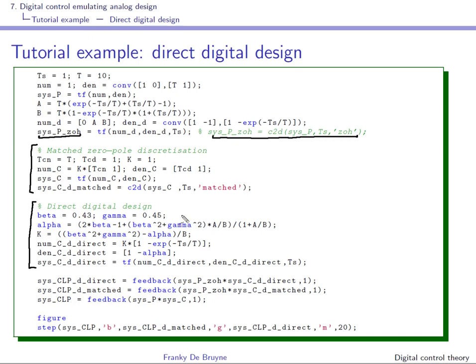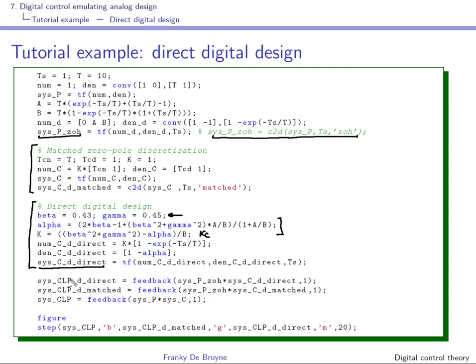So these come from the two poles that we have selected in our Z grid. And now you can compute alpha and the gain of the controller. So this is here Kc. If you plug that in the transfer function, you obtain the controller that results from a direct digital design.